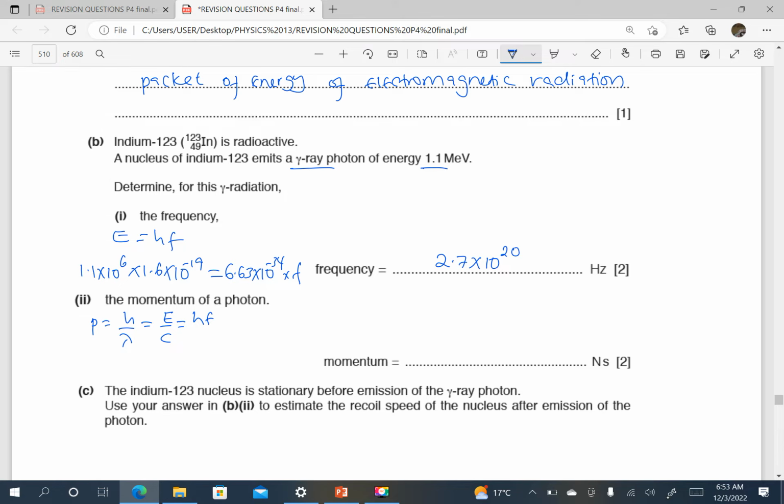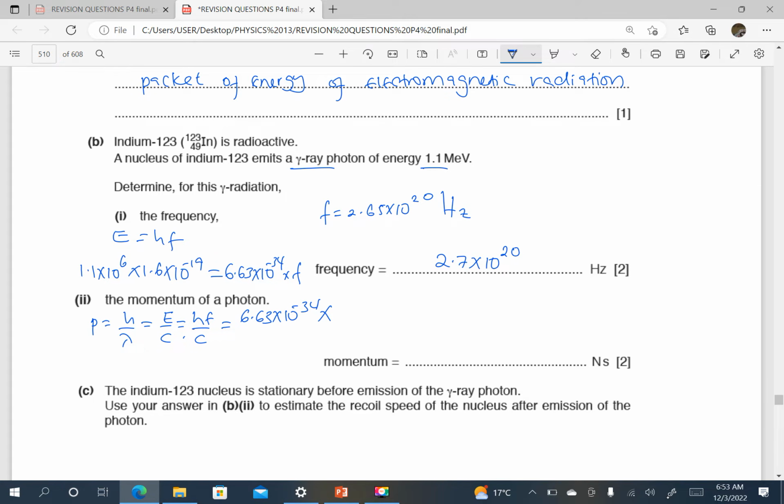So that will be hf divided by c. So this is going to be 6.63 times 10 power negative 34, I'm using the last part of the formula, that's Planck's constant, times f, which was 2.65 times 10 power 20. I just rounded off to two significant figures.